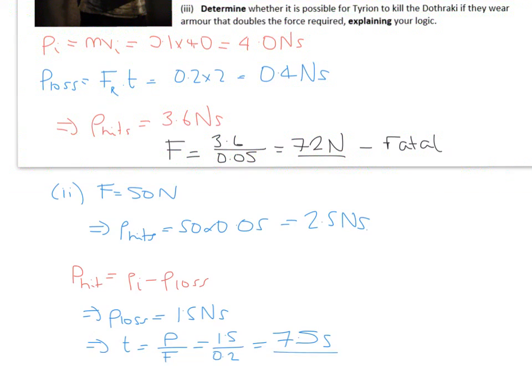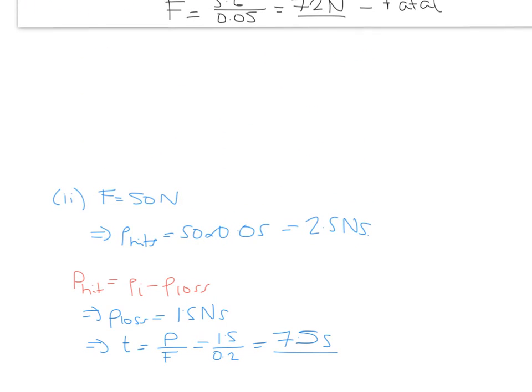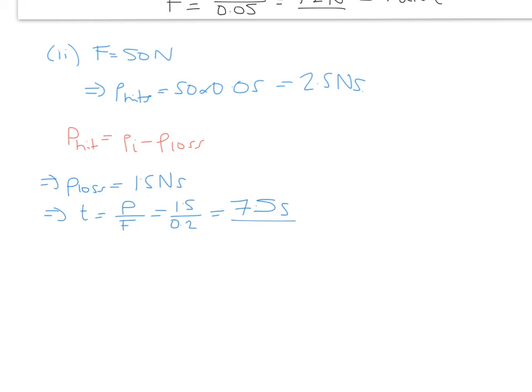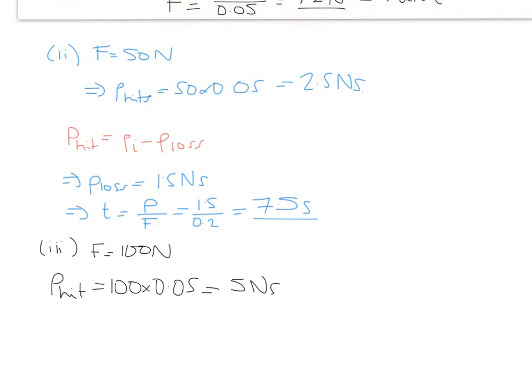So part 3, determine whether it's possible to kill the Dothraki if they wear an armour that doubles the force required. So let's have a look at that. If the force is 100 newtons, the hit momentum would have to be 100 times 0.05, which is going to be 5 newton seconds.